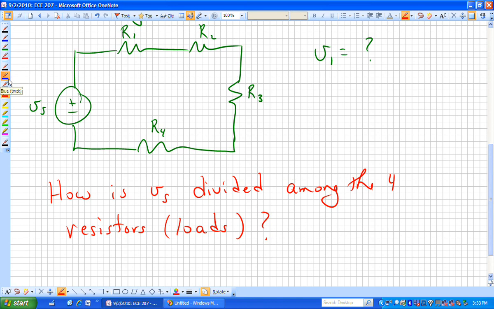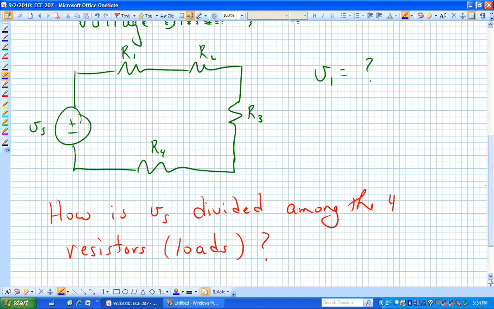If somebody asked you to analyze that circuit, how would you potentially analyze it? You're given V sub S, you're given R1, R2, R3, and R4. What is a key variable that, if you knew it, would help you figure out a lot of the answers to the questions that you're asking?